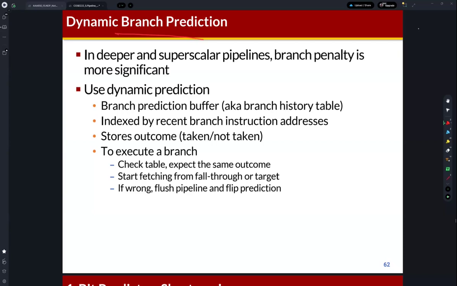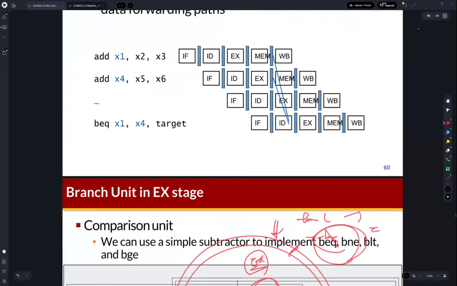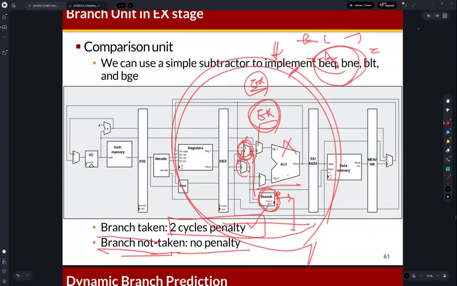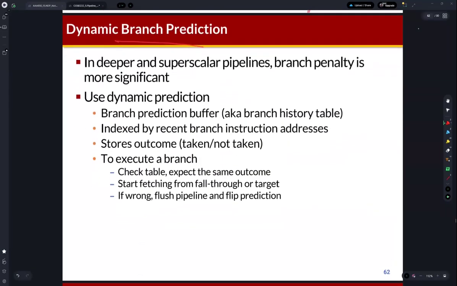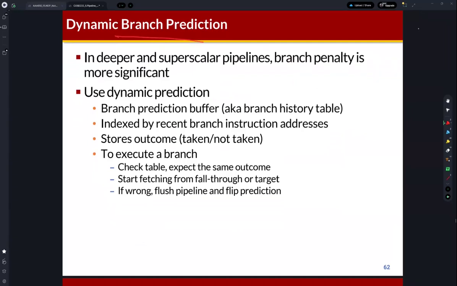But we cannot detect the result of the branch instruction earlier, because two operands need to be compared by branch instructions, right? Then what's the possible solution? Prediction.